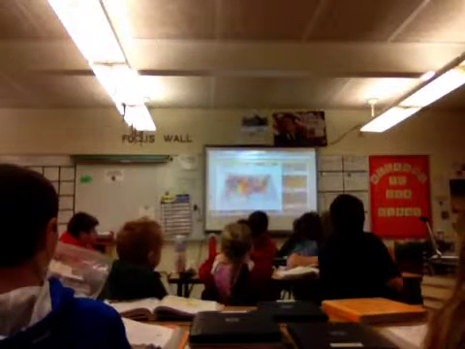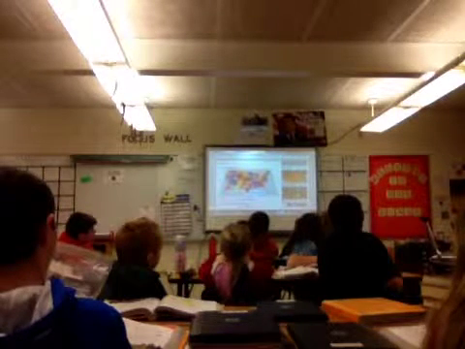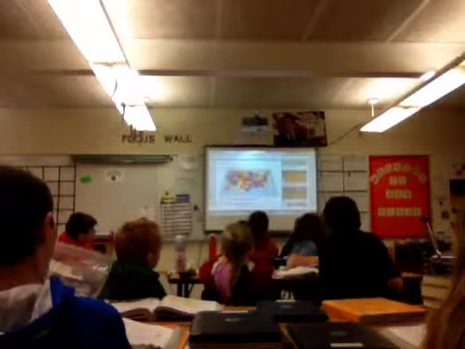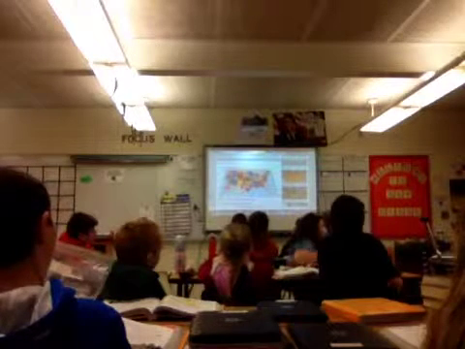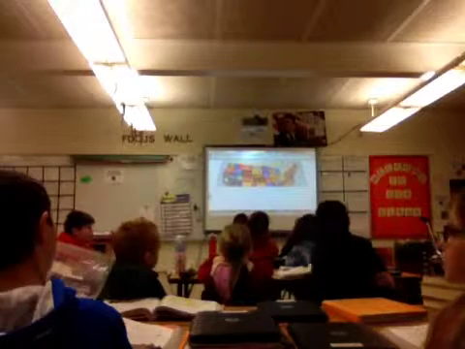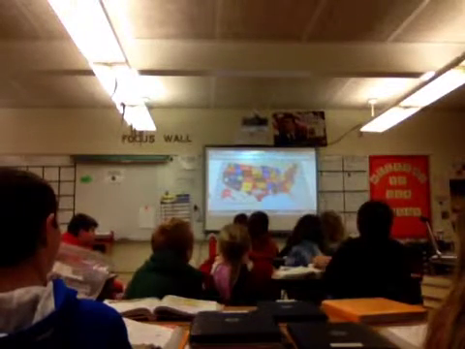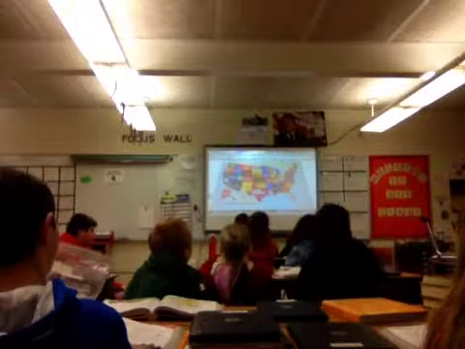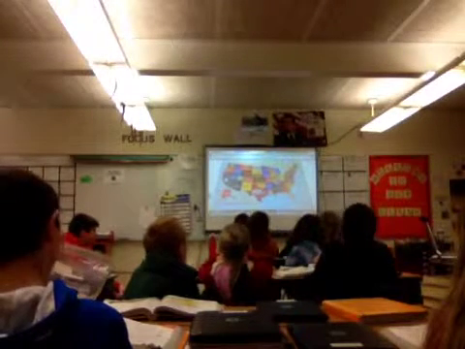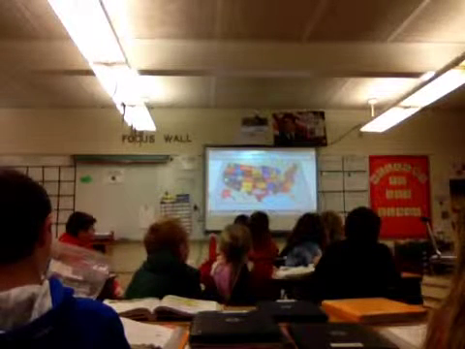Some of these maps, not all of them, some of these maps are cultural maps. So if we scroll down here, this is an example of a cultural map. Okay? These are different symbols of different products that are made in the United States, state by state. Some of them are not classroom appropriate. Okay? So you may not use those. So if you go to Colorado or Missouri, those are two areas where you're going to have to choose a different product.